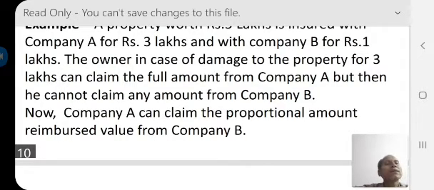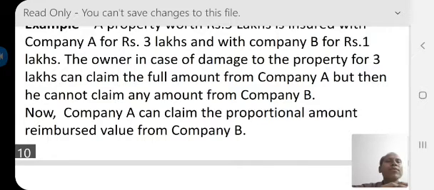Even though the property is worth 5 lakhs, the policy was taken for 3 lakhs and the damage is 3 lakhs. So he can claim only that 3 lakhs full amount from company A. But he cannot claim a single pie from company B.